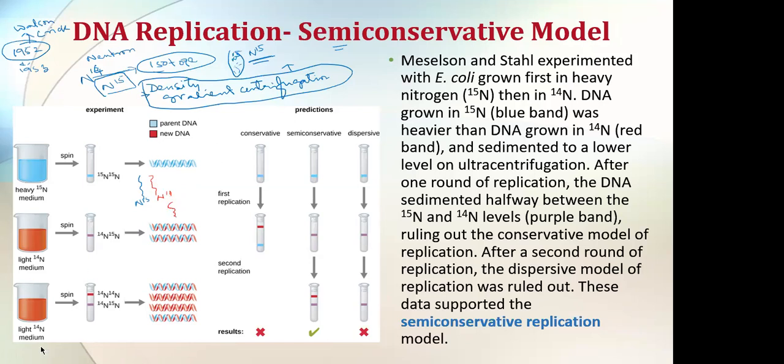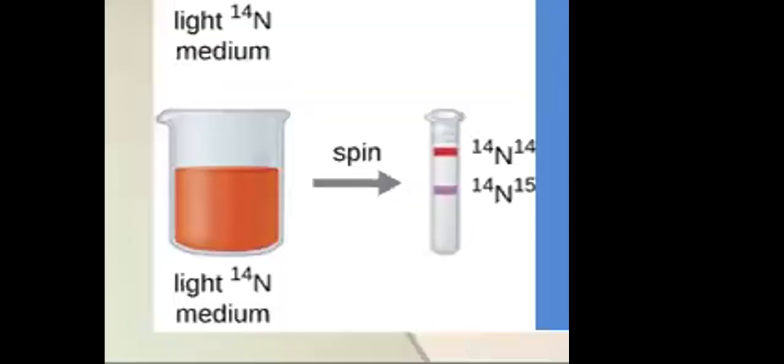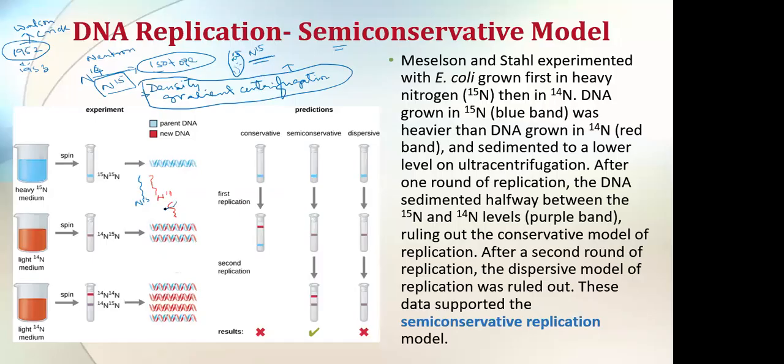They will make a band in between. One strand will be N14, one strand will be N15. So together they are in between. That's the N15 heavy one, and this is the N14. So the density of these two together should be in between. Okay, so that's what happens.